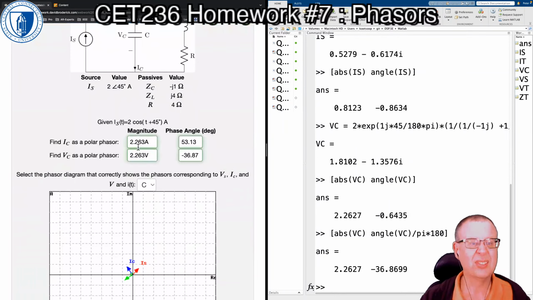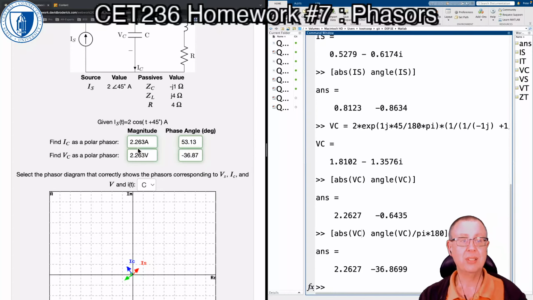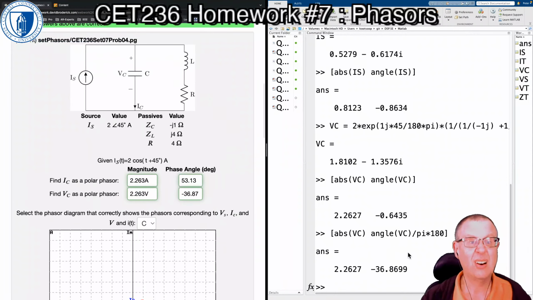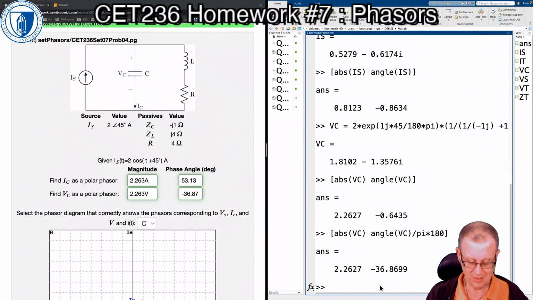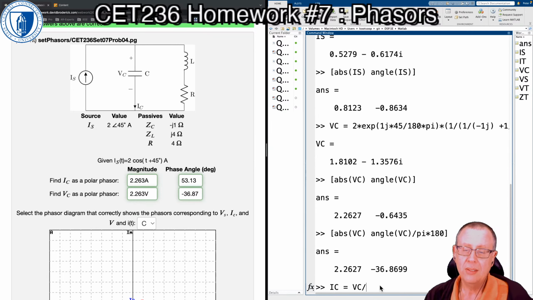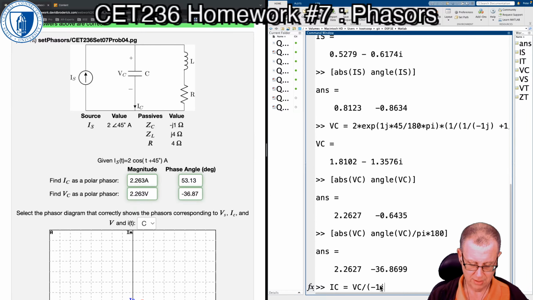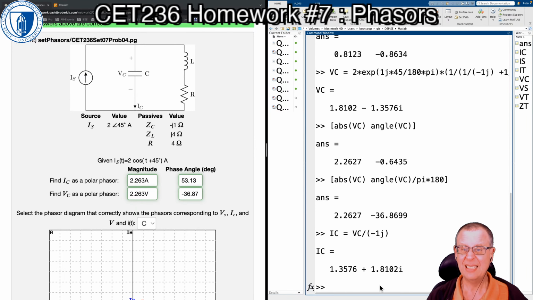So let's just, we've only calculated VC, let's calculate IC. So IC is going to be VC, which we've got, divided by ZC, right? And ZC is minus 1j. Okay, and so that's that.